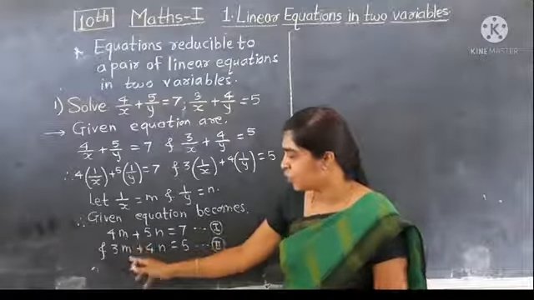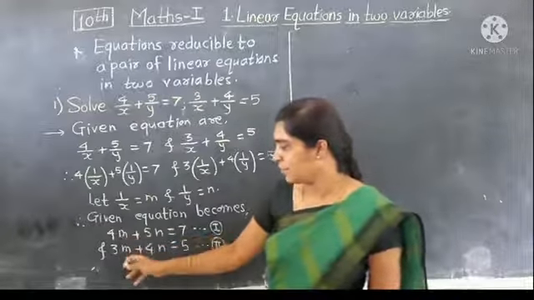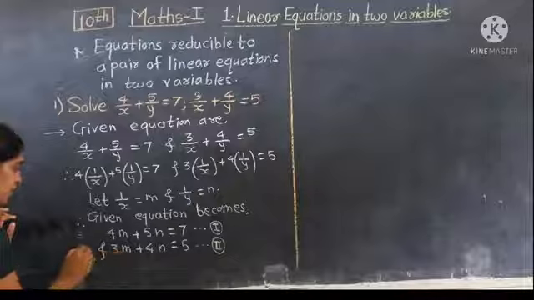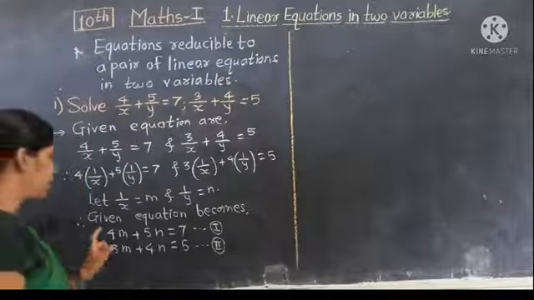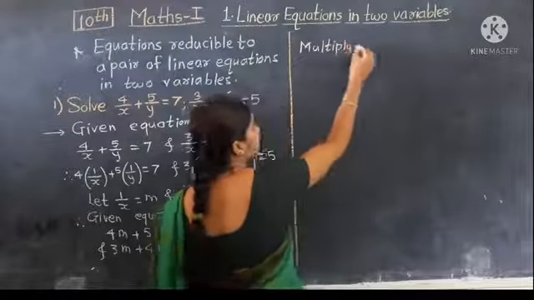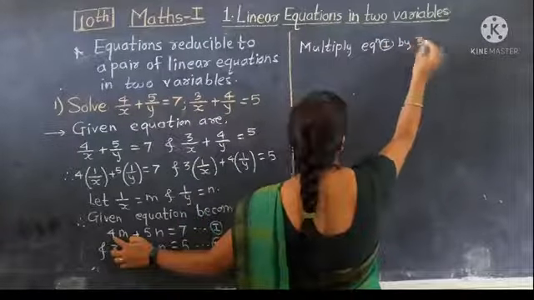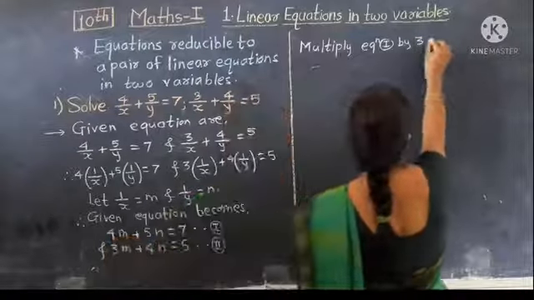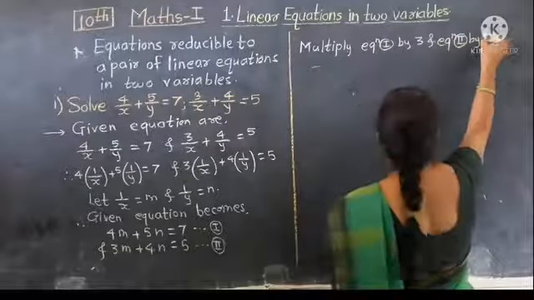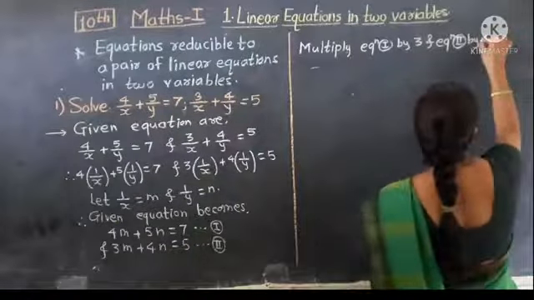We make either the coefficient of m the same or the coefficient of n the same. We make the coefficient of m the same. So for this, multiply equation 1 by 3 and equation 2 by 4.